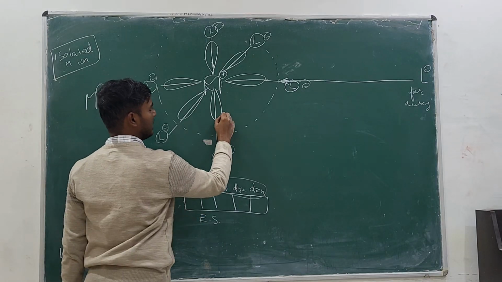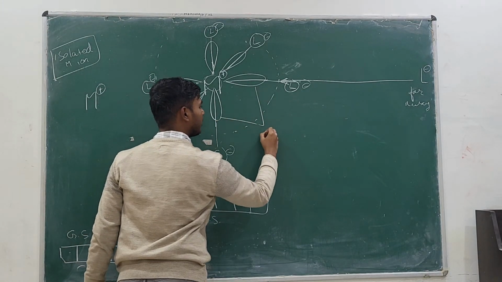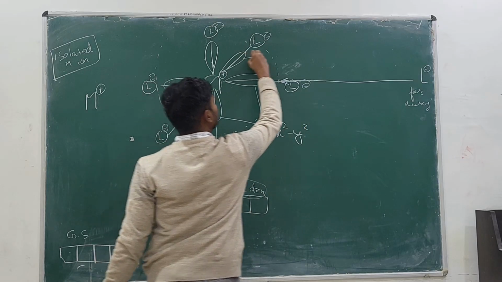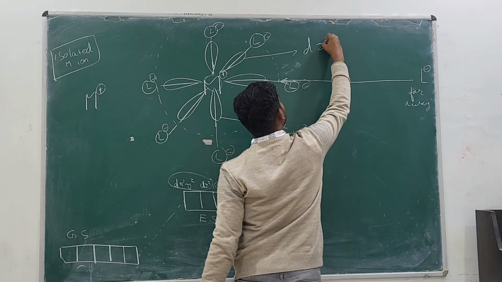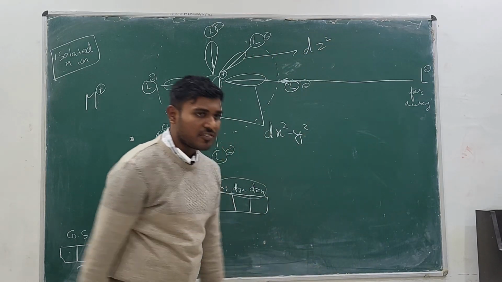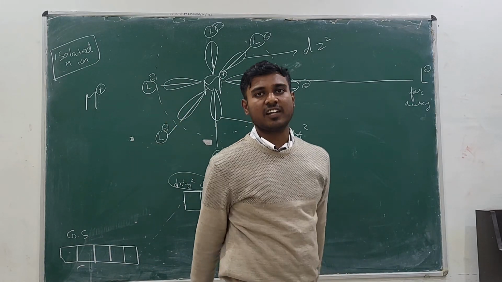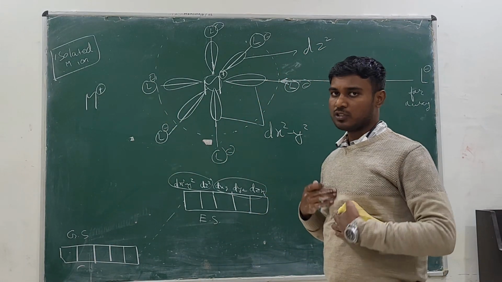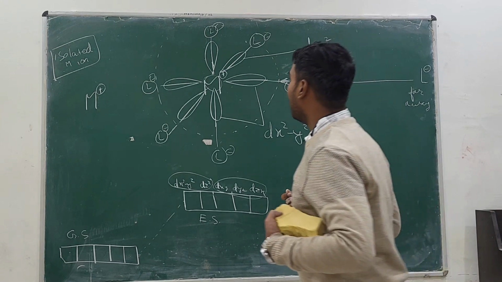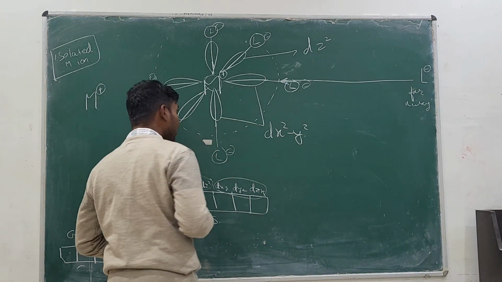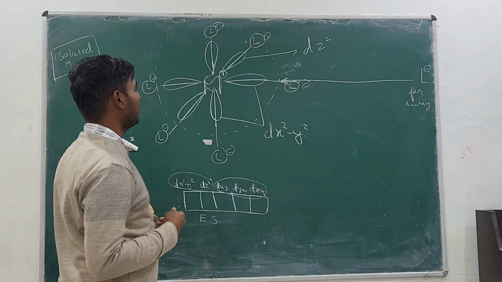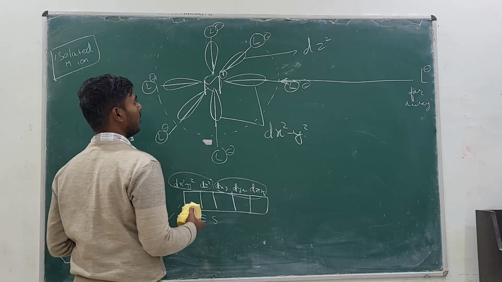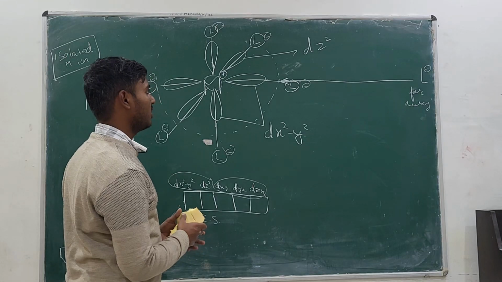So these are the lobes of dx² minus y², and this one is dz². So dx² minus y² and dz² will experience more repulsion from the approaching ligand, and our non-axial orbitals, which are dxy and dyz, will experience very little repulsion.